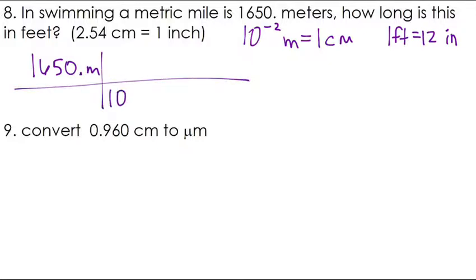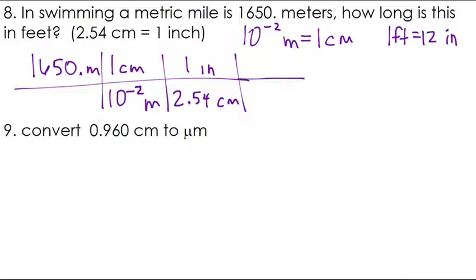And then 10 to the negative 2 meters in 1 centimeter. 2.54 centimeters in 1 inch. And then 12 inches in 1 foot. That's all that we need here. So, multiply this stuff together, divide by the bottom, and see what answer you get out.